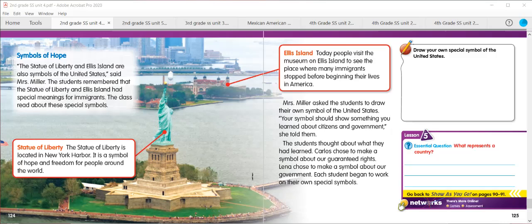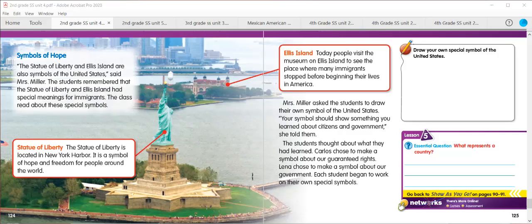Symbols of hope. The Statue of Liberty and Ellis Island are also symbols of the United States, said Mrs. Miller. The students remembered that the Statue of Liberty and Ellis Island had special meanings for immigrants. The class read about these special symbols. The Statue of Liberty.